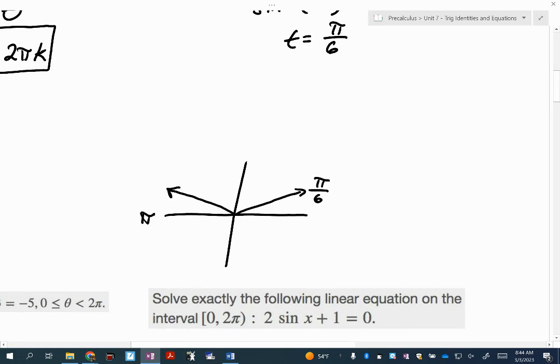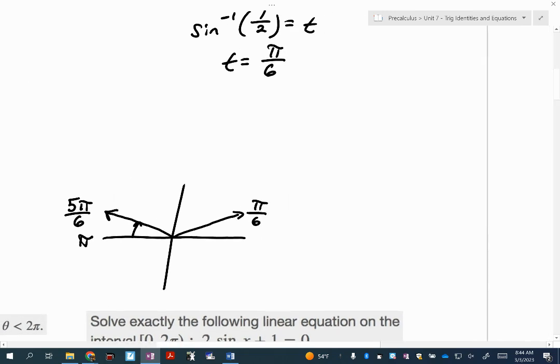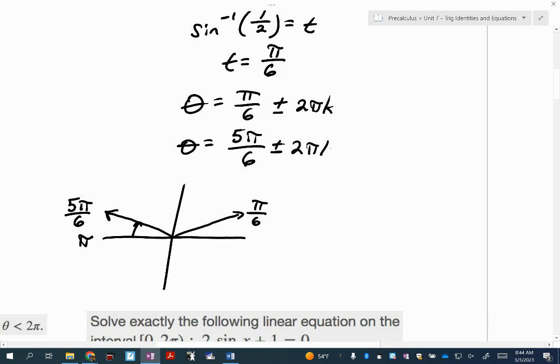How you find this is that's pi, and we back up the pi over 6, so pi minus pi over 6 is going to be 5 pi over 6. That's stuff that we did in the first unit. So you write down these two solutions, pi over 6 and 5 pi over 6, but we write plus or minus 2 pi k because I don't know which direction you're going to go around the circle, clockwise or counterclockwise.